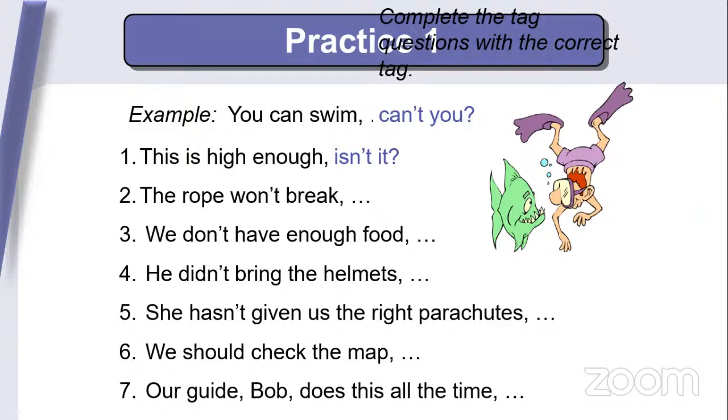The rope won't break, will it? Okay. The rope won't break, will it? Very good.